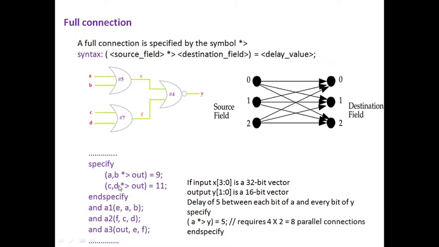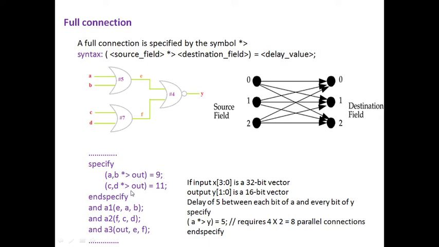Because full connection or parallel connection, definitely they need to appear in between the specify and the endspecify blocks. Now, source fields are what? A and B. So A to Y and B to Y are consuming the same amount of time. A is connected to Y, B is connected to Y, C is connected to Y, and D is also connected to Y. So A comma B star greater than, that means parallel connection I am doing here, out equal to 9.